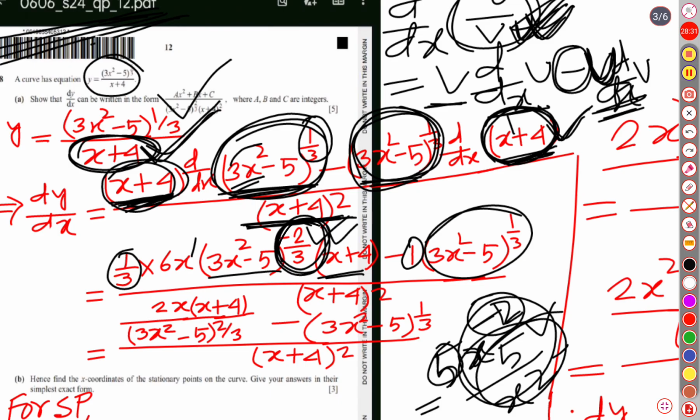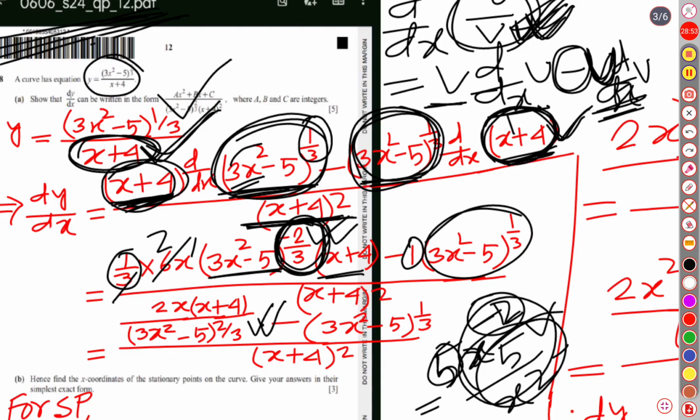Same goes for this one also. Here exponent is negative 2 over 3, and the function is 3x square minus 5. So as the exponent is negative, it will go down, 3x square minus 5 raised to 2 over 3. And here if we cancel out this 3, this 6 by 3, it is going to be 2.